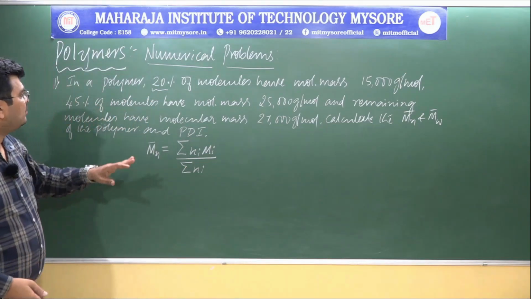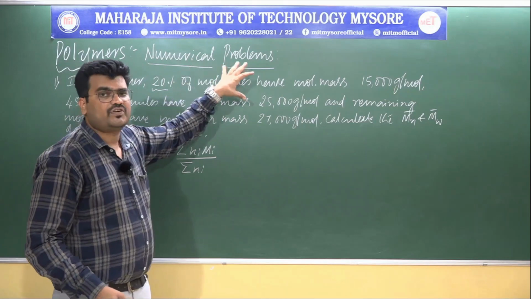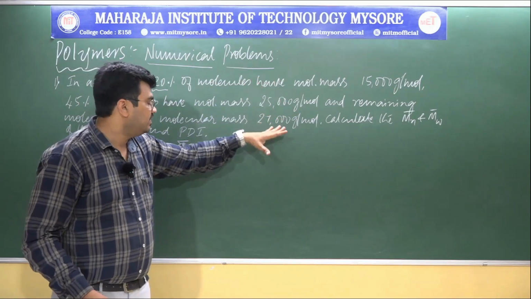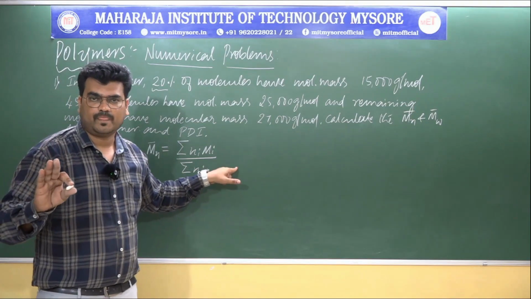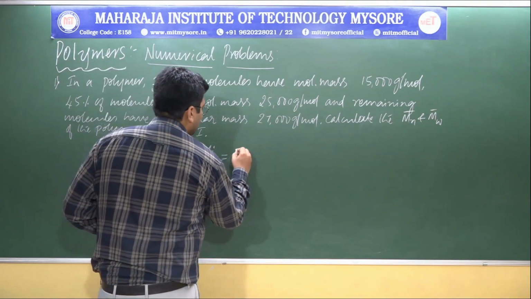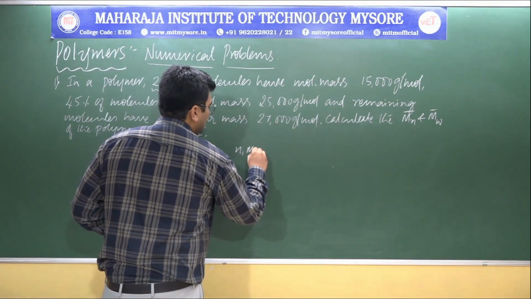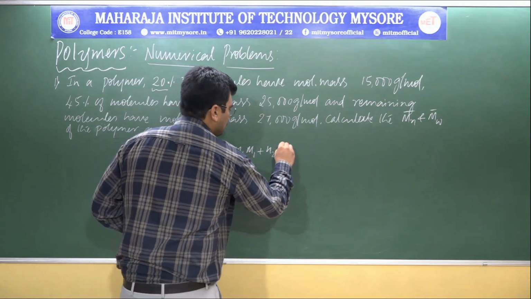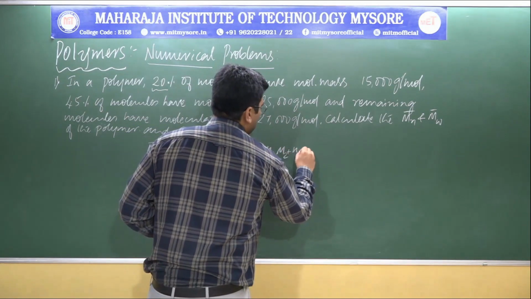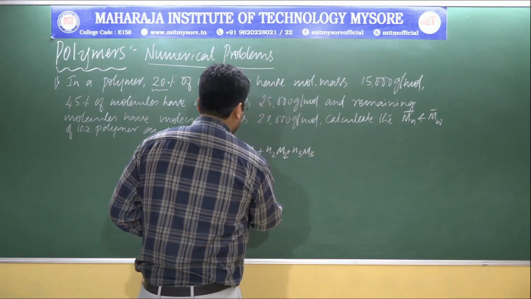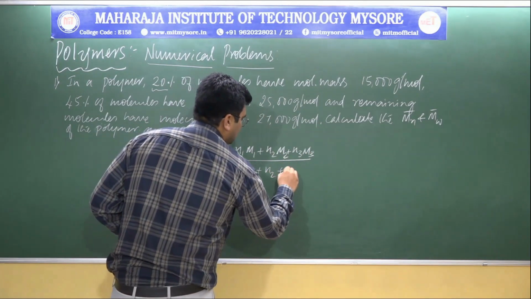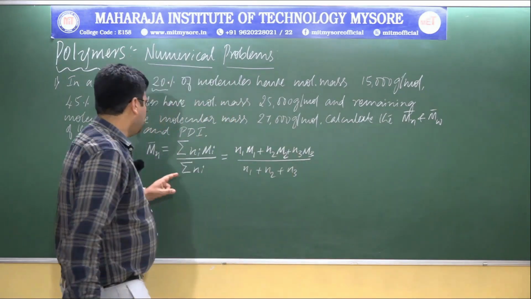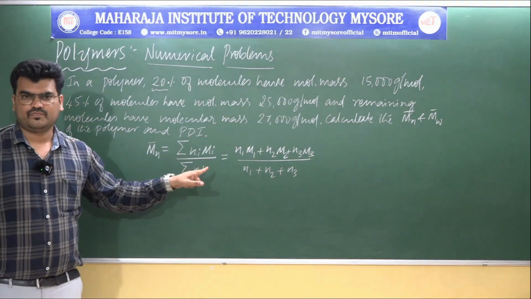As they have given 3 molecules of different sizes and different chain lengths, we need to extend this formula up to N3. So that will be N1 M1 plus N2 M2 plus N3 M3, divided by N1 plus N2 plus N3.